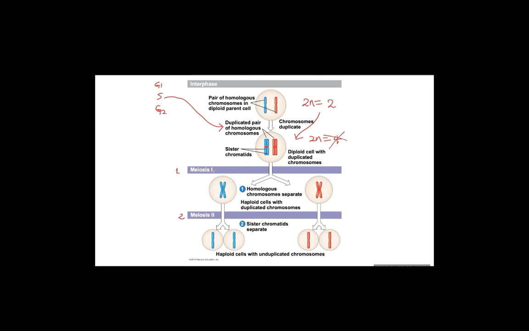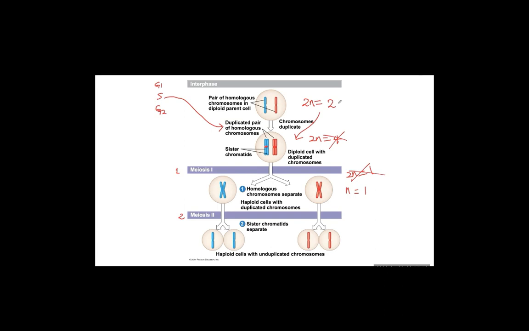From meiosis 1, the chromosome number is reduced in half. So how many chromosomes do you count here? This is one chromosome. Therefore, we cannot say 2n equals 1. This is not correct, because when 2n equals 2, you cannot write down 2n equals 1. This is wrong. So once the chromosome number is reduced in half, you have to divide the same number on both sides, left and right.